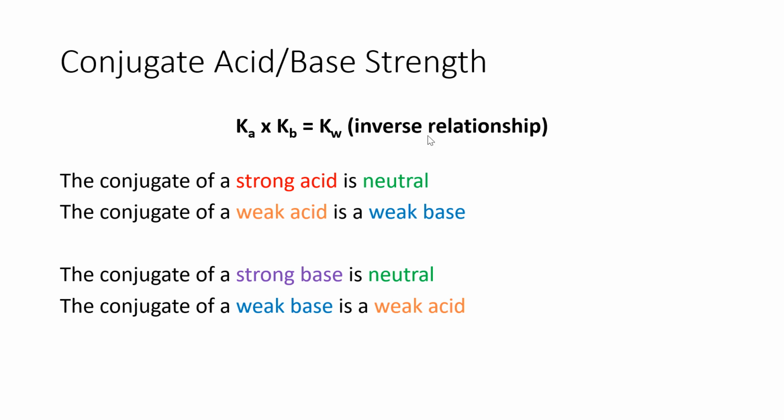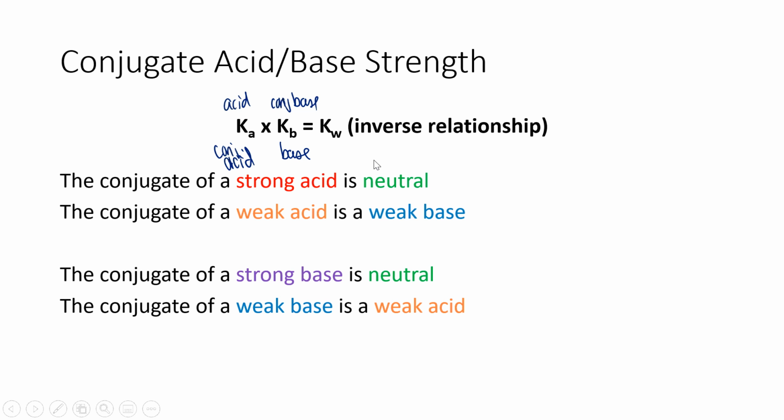That means that there's an inverse relationship between the strength of an acid and its conjugate base. I should say this equation only works for an acid and its conjugate base, or you can think of it as a base and its conjugate acid. If you just take any two random Ka and Kb values, they're not always going to multiply to give you Kw.